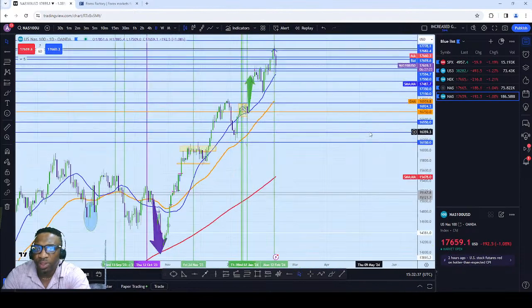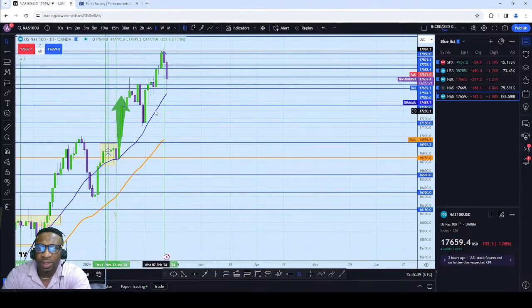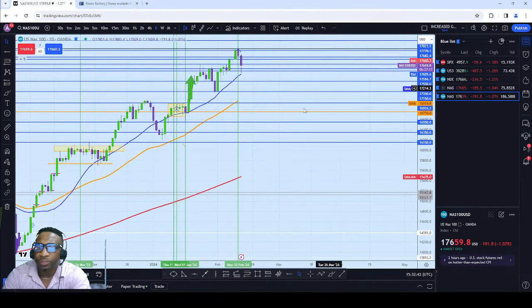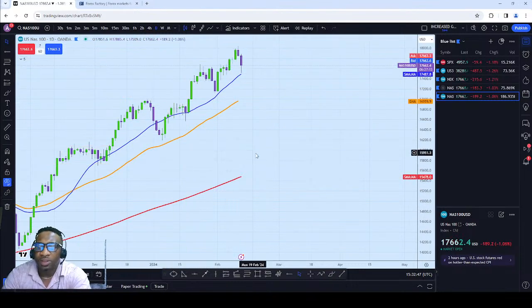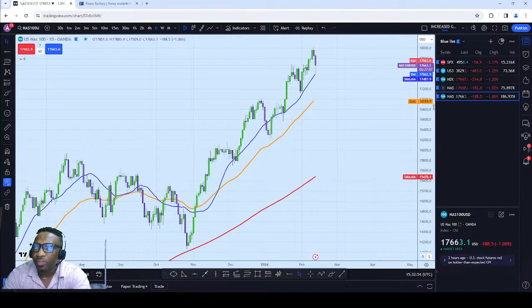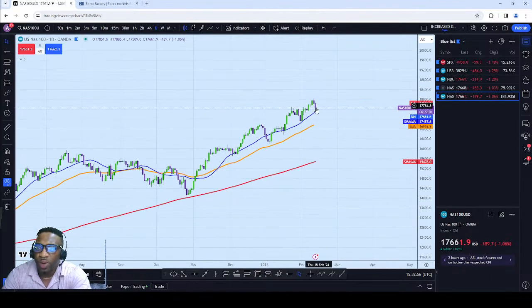This is the first pullback. Oh, I've got a lot of things on my charts making it unclear. Okay, that's better. So now we have price in its wide state. This is NAS. So it's been in the wide state. NAS came to touch the blue line and it's pulling back. So maybe it's not done buying yet.